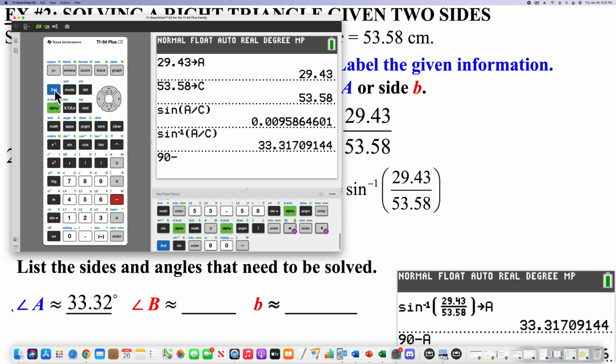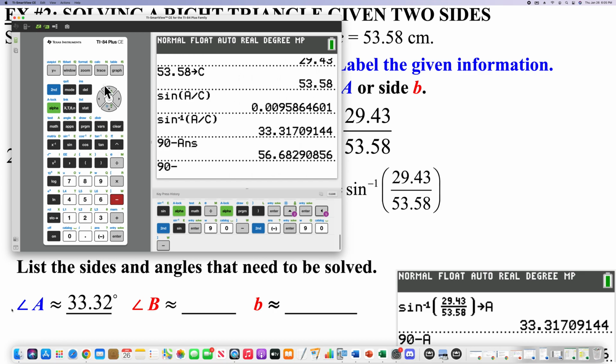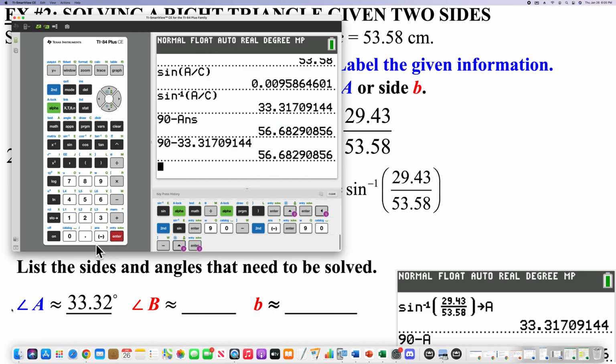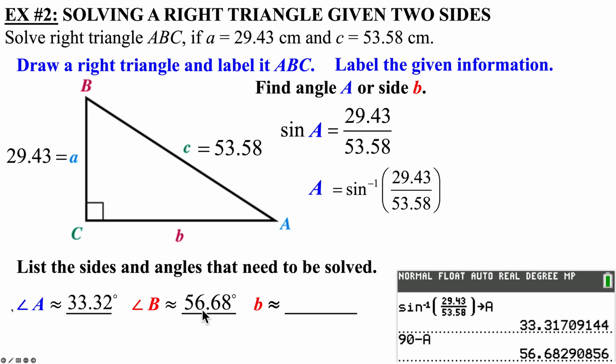You can go second answer, and it will pull this value down here. There's my 56.68, and I'll round it to 2 decimal places. Or I could go 90 minus, and with the newer calculators, you can just up arrow until you grab the number you want. And I get the same thing. So my B, 56.68 degrees.